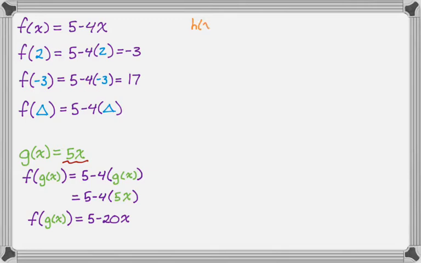Let's take a look at another one. So h of x could be 8x plus 3. So f of x, h of x, and g of x are all linear functions. And you might notice so far we get linear functions when we do compositions of linear functions. That turns out to be a thing that always happens. So we could do f of h of x.